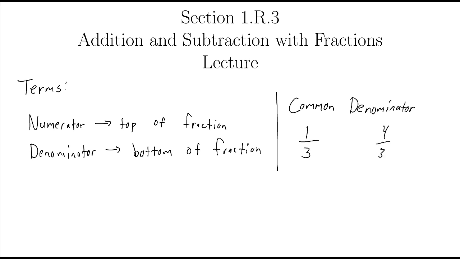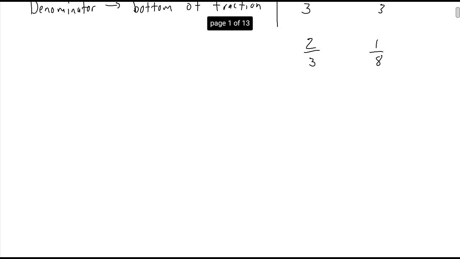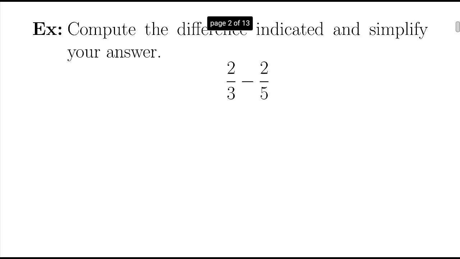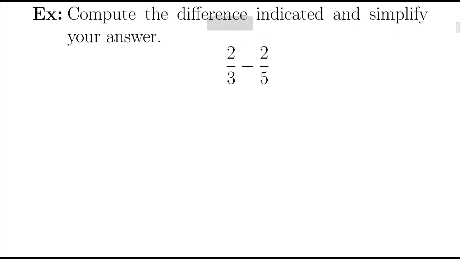These are fractions with common denominators, unlike 2/3 and 1/8, right? Two different denominators, no go. Okay, so we're going to add and subtract fractions. It's important that when adding and subtracting fractions that they have the same denominator. You want to be able to compare two like things. If you're adding something or subtracting something, you want to make sure you're dealing with the same quantities.